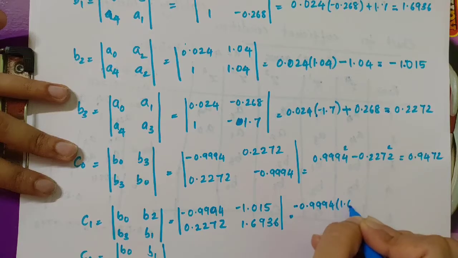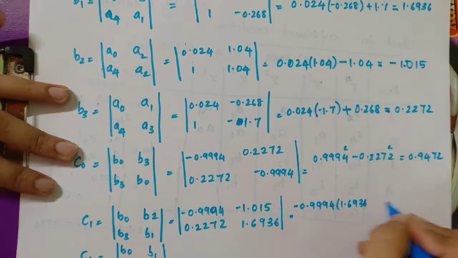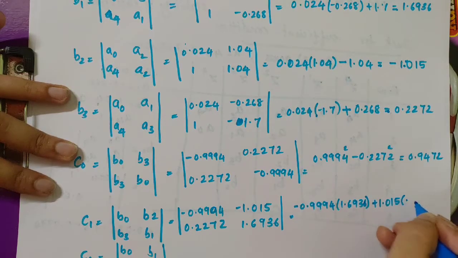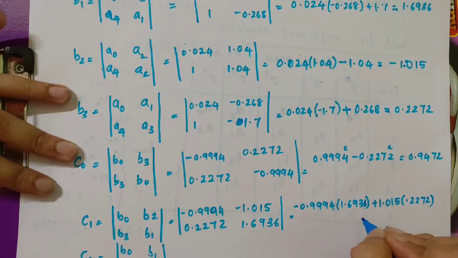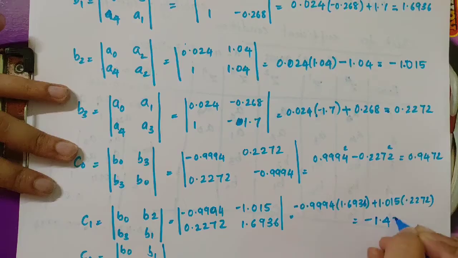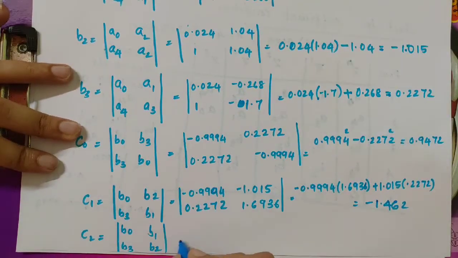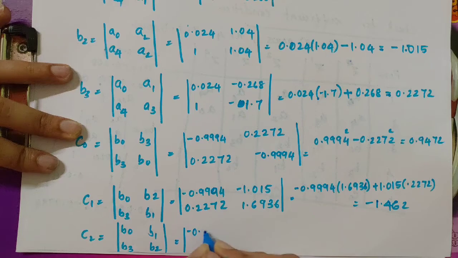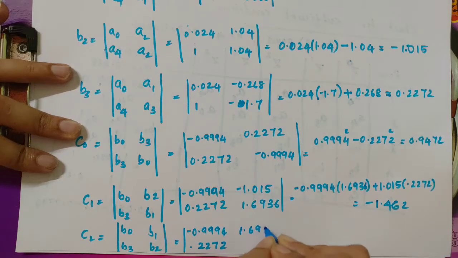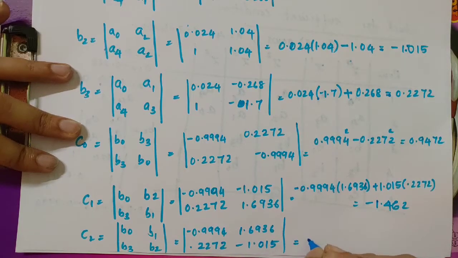Minus 0.9994 into 1.6936 plus 1.015 into 0.2272, you will get minus 1.462. Here also it is minus 0.9994, 0.2272, 1.6936 and minus 1.015. When you calculate, the answer you get is 0.6296.